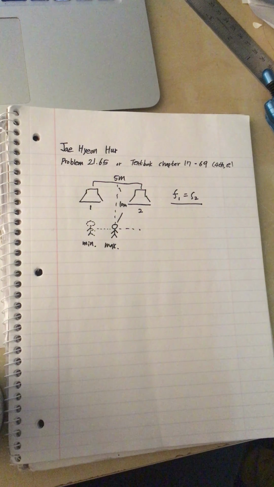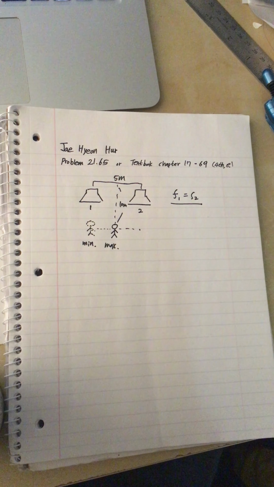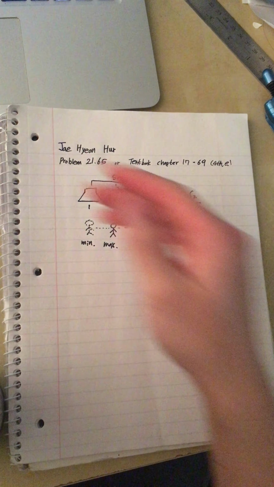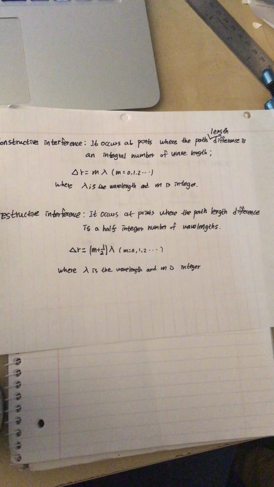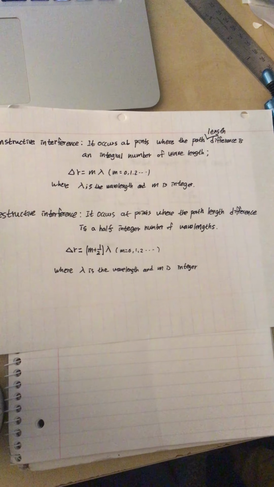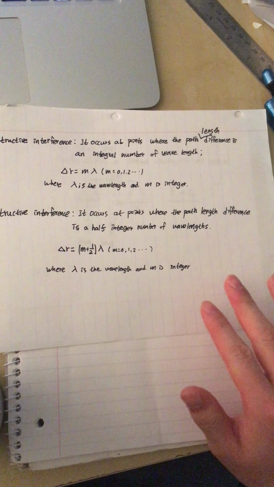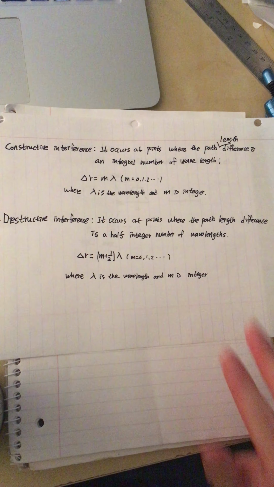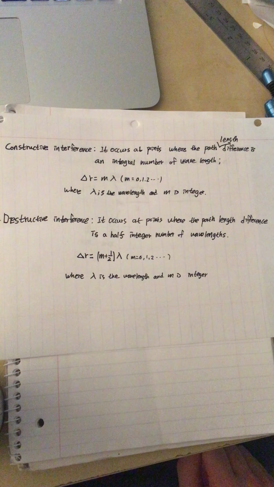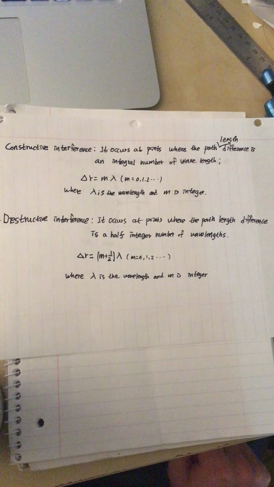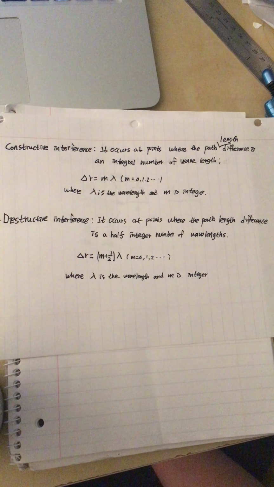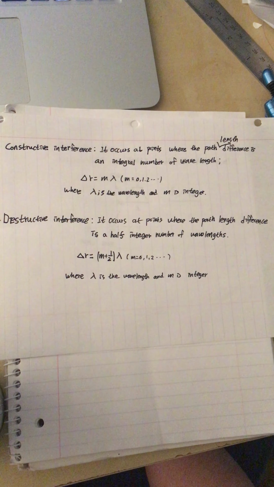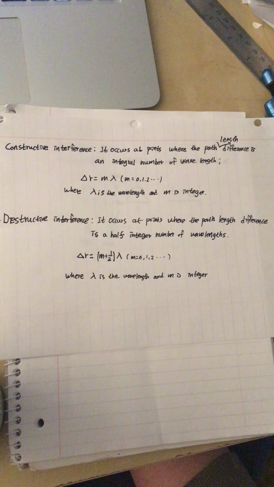So in this case, we have to figure out the definitions of constructive and destructive interference. Constructive interference occurs at a point where the path length difference is an integral number of wavelengths.